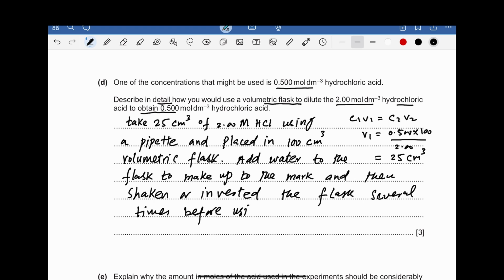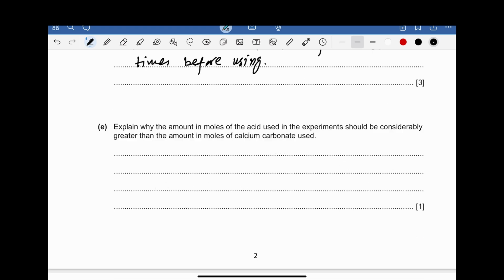before using. E. Explain why the amount in moles of acid used in experiments should be considerably greater than the amount in moles of calcium carbonate used.